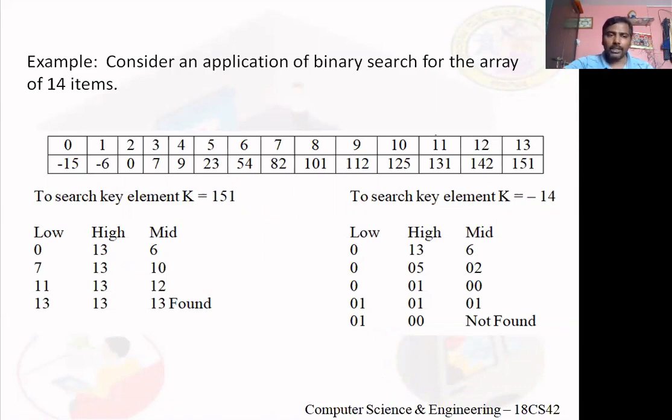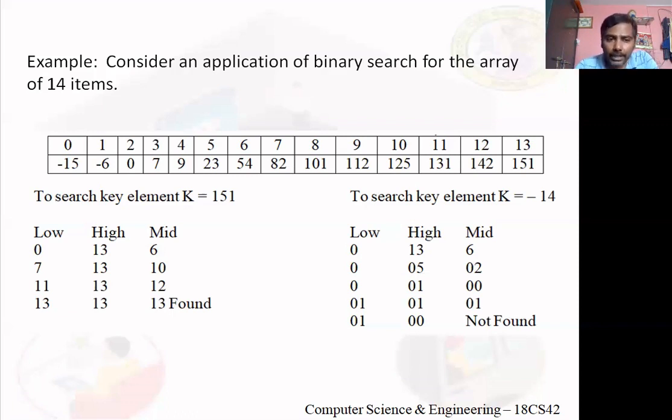So initially, what does low represent? The index. I repeat, low represents the index of the first element in an array or its subarray.